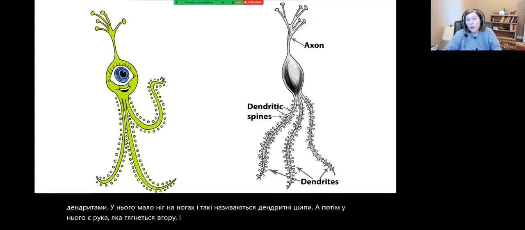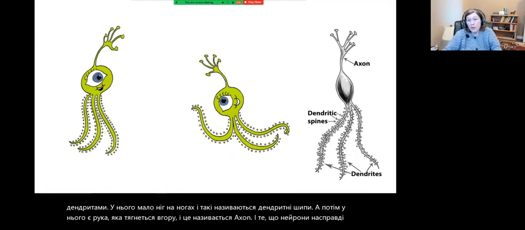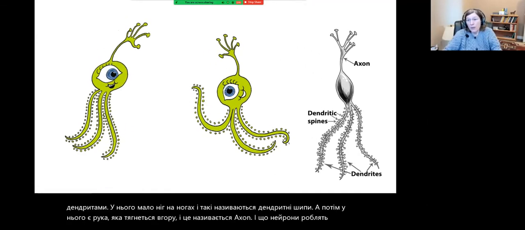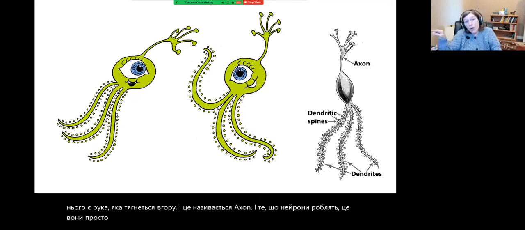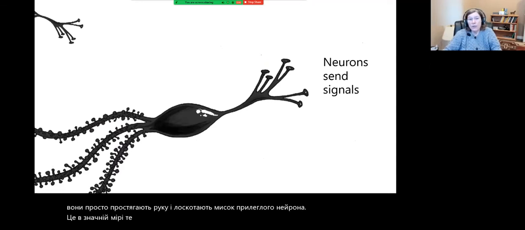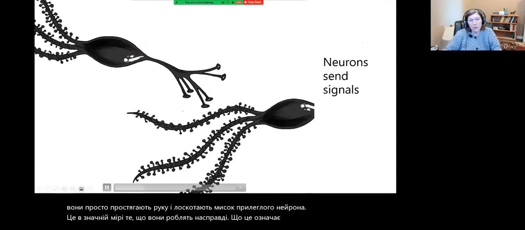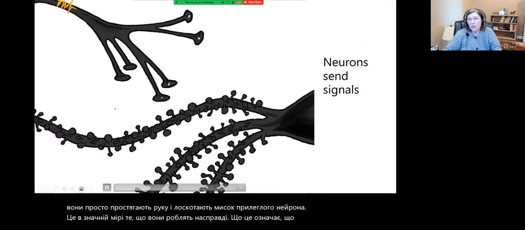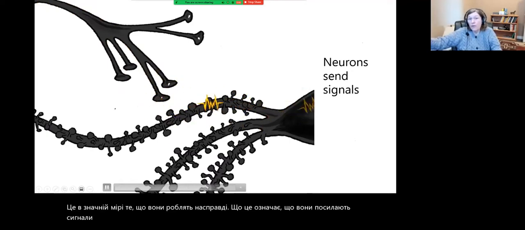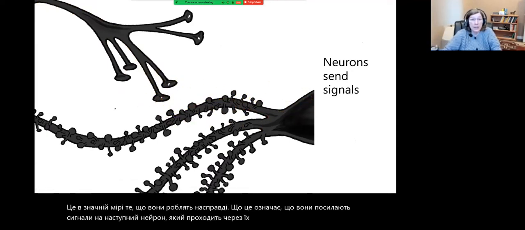What neurons actually do is they simply reach out with their arms and tickle the toe of an adjoining neuron. That's pretty much what they do. In reality, this means they are sending signals on to the next neuron. It goes through their hand, through the finger, onto the toe, and to the next neuron.